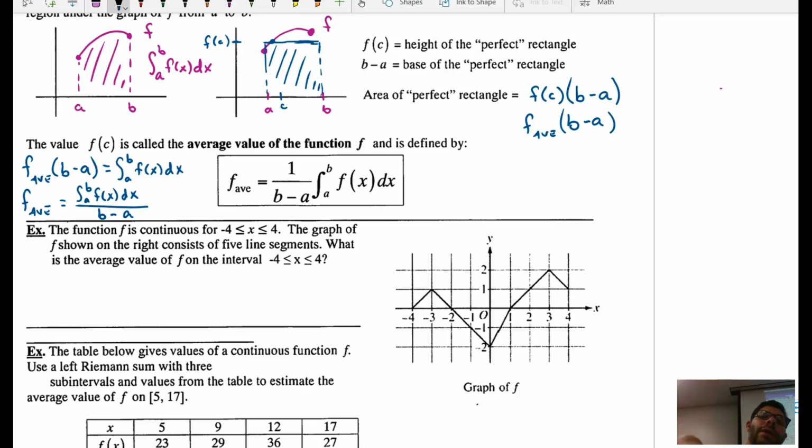Okay, so what I will say over and over again for average value: to find average anything, integrate the anything, divide by the interval.